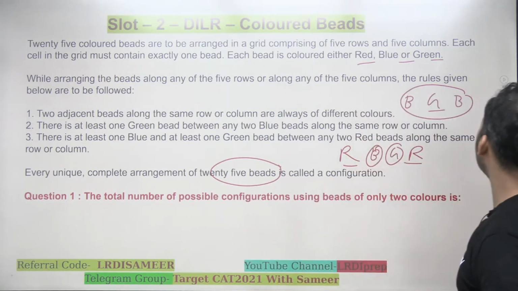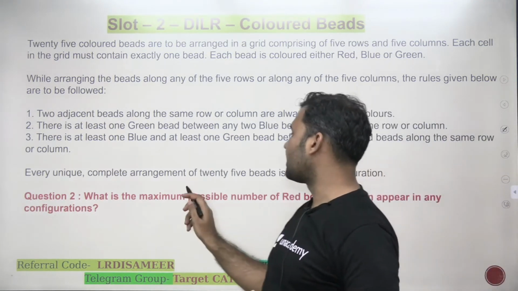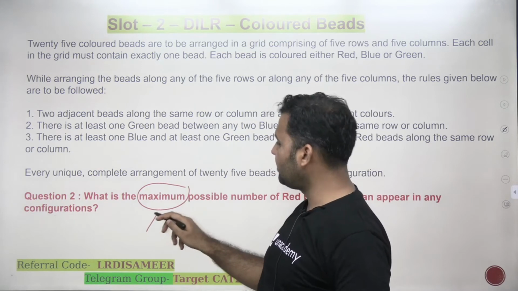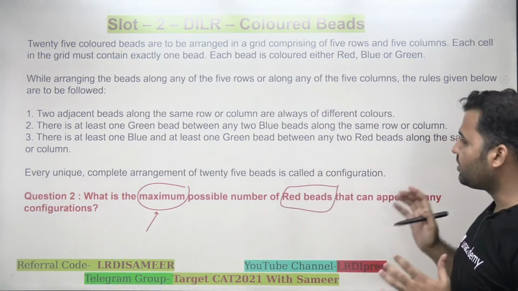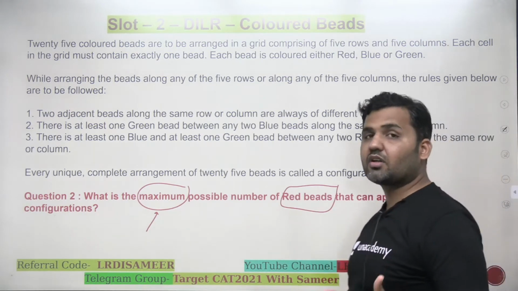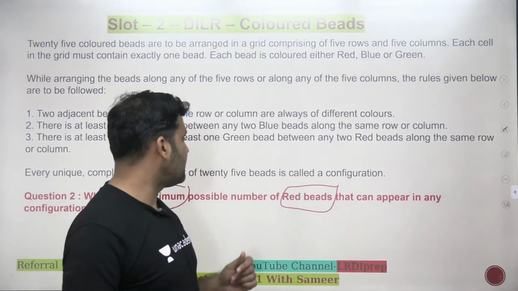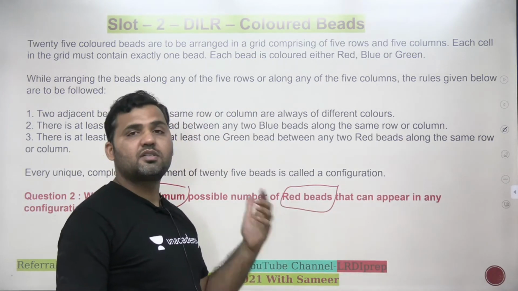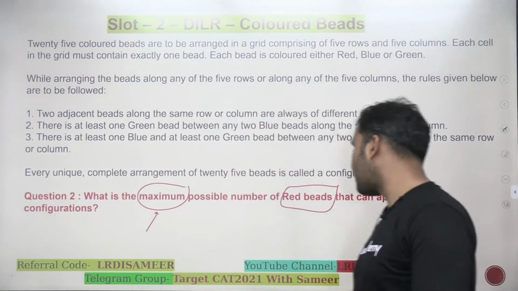And question number 2 asks, what is the maximum possible number of red beads that can appear in any configuration? So whatever configuration you want to make, you can make, but the red beads should be as many as possible. I need to maximize the number of red beads.